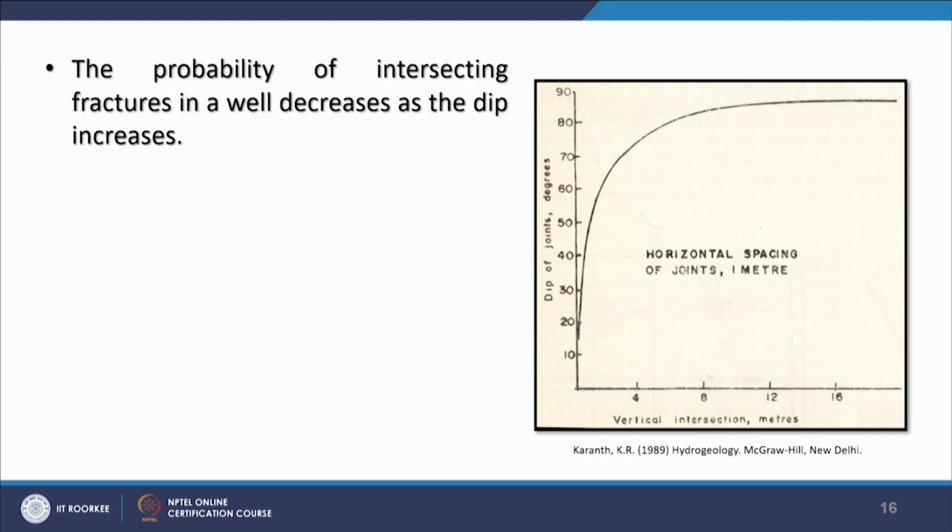Now, the probability of intersecting fractures in a well decreases as the dip increases, and this kind of diagram is from a very famous book by Karanth. Earlier in this course I have mentioned that whenever you are looking for literature on groundwater or groundwater engineering, try to read Indian books, meaning books written by Indian authors, because these books cover mainly Indian geologic, hydrologic and groundwater conditions.